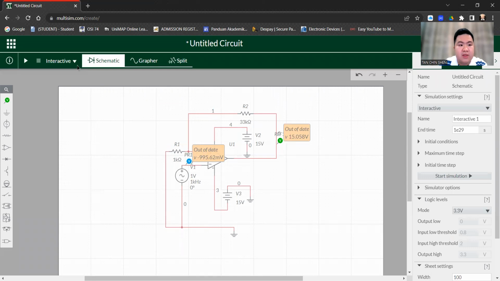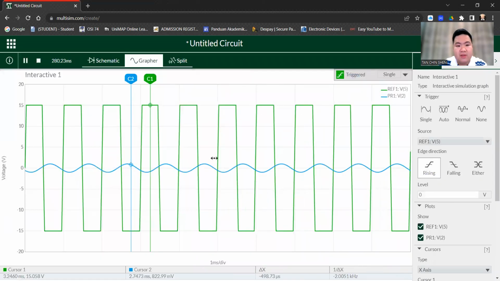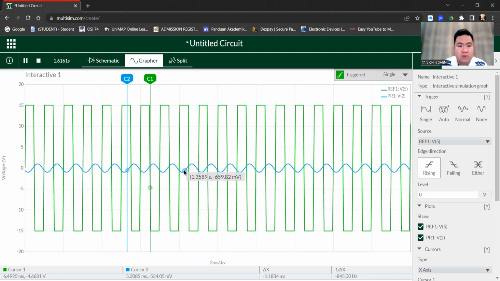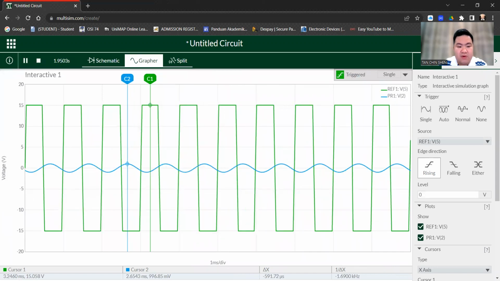If this one is 33K, just press run. Then the graph we get is like this. We just move to the maximum. The value that I get for 33 kilo ohm RF is 15 watt and 996 milliwatt for input.